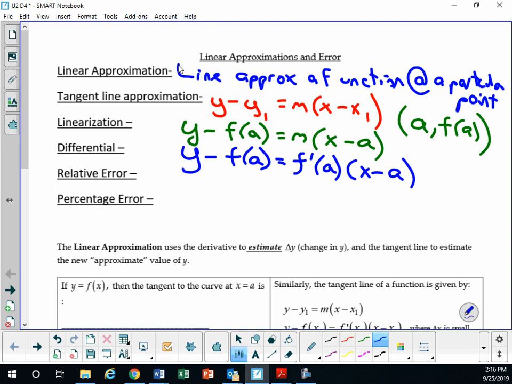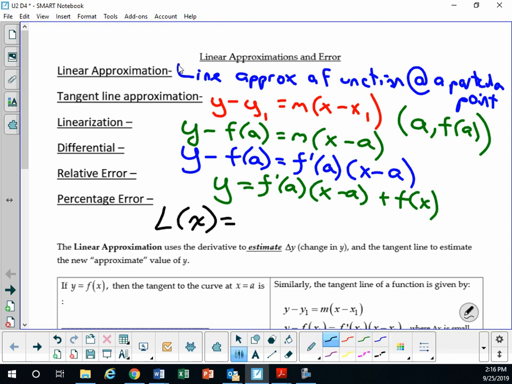Can I solve for y is the question. If you look at this, y equals f prime of a times x minus a plus f of a. Ladies and gentlemen, this is linearization. L of x equals f prime of a times x minus a plus f of a.